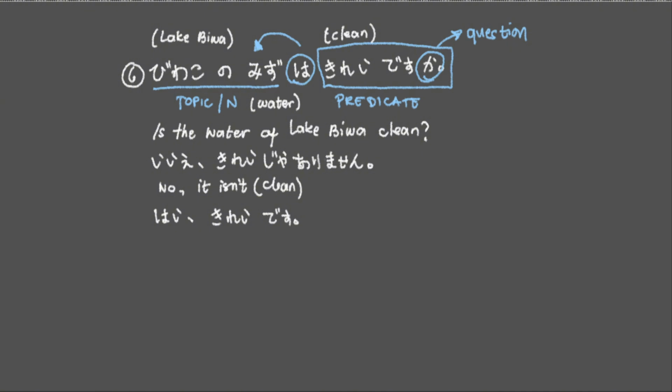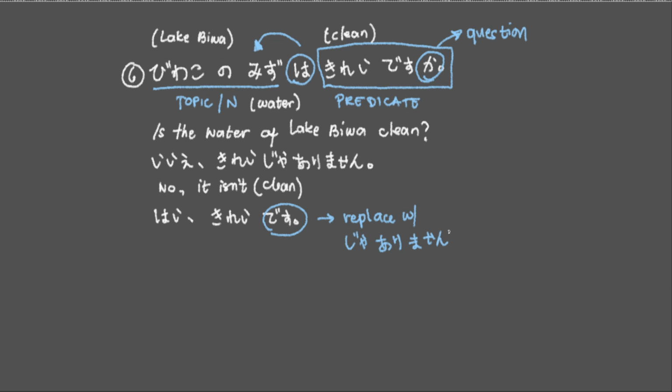So, reminder how to make the na adjective into a negative form: we replace desu with ja arimasen. Okay?